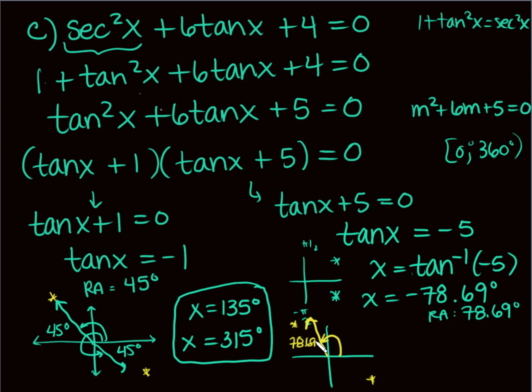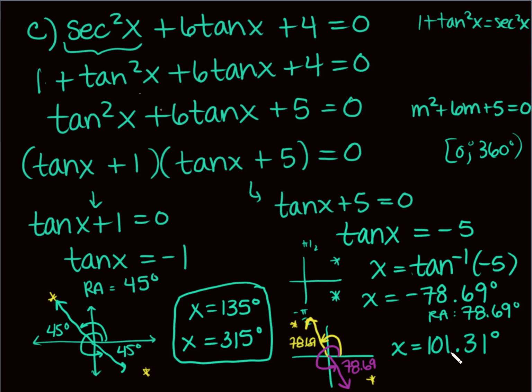I don't know why I put my calculator away. I'm going to take 180 minus 78.69 degrees. And what do I get? Now I have an angle in the second quadrant, which is where I know tangent is negative. And I'm going to get x equals 101.31 degrees. Okay. Then I also need an angle in the fourth quadrant whose reference angle is 78.69.